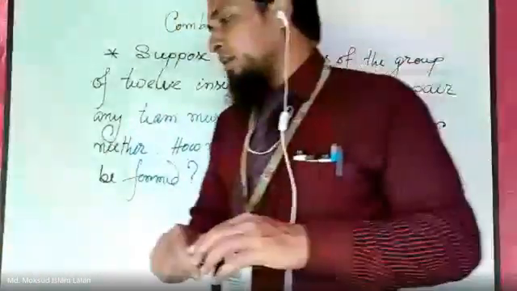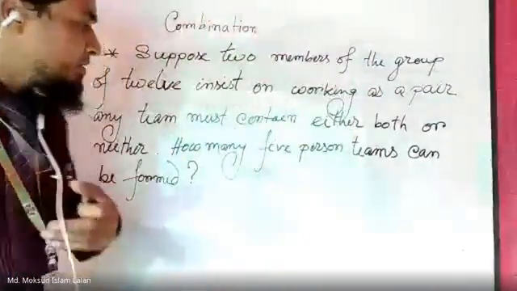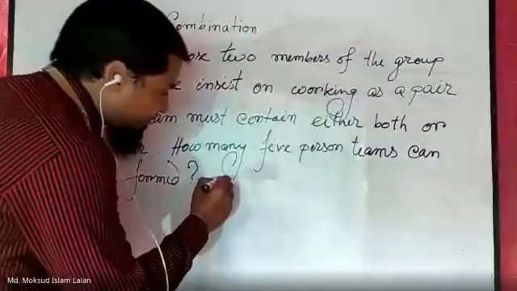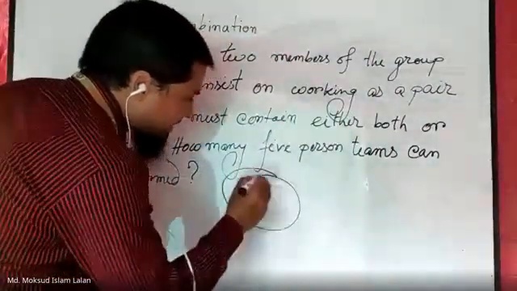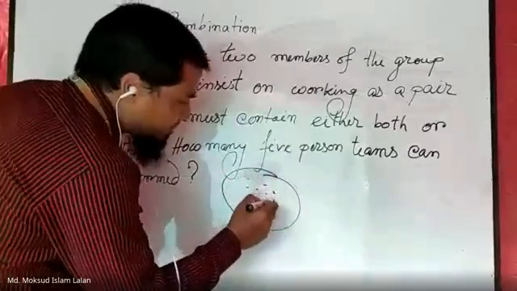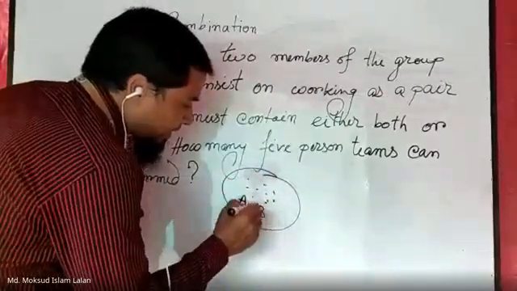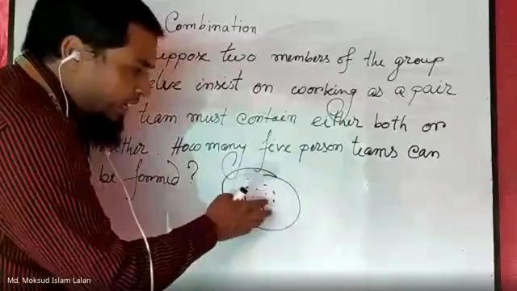Suppose we name them: among 12 people, there are 12 things here, and A and B are two of them.